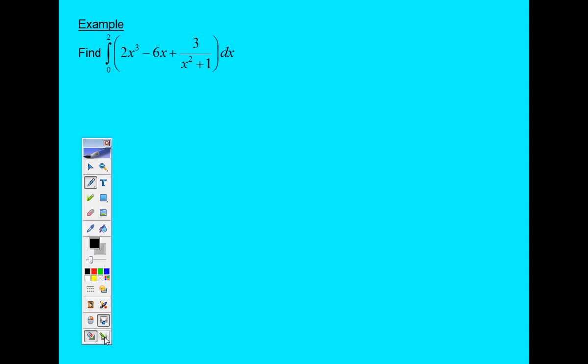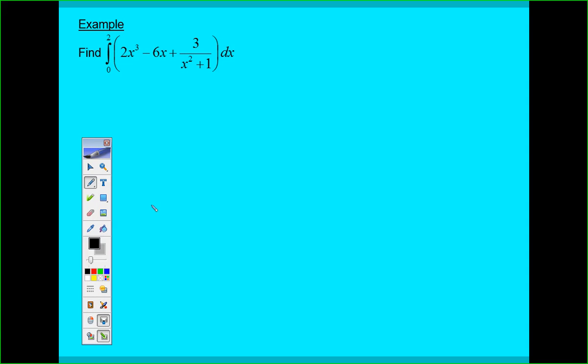Here's another definite integral. Finding the antiderivative of the first two terms, we would get 2x to the fourth divided by 4 minus 6x squared divided by 2.